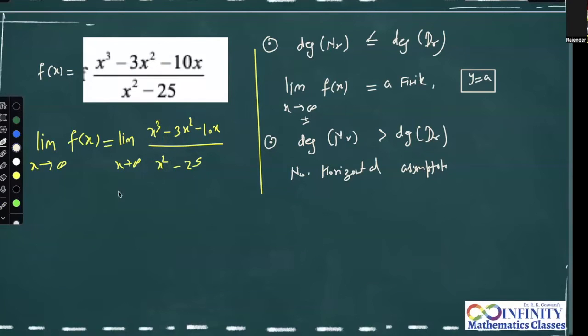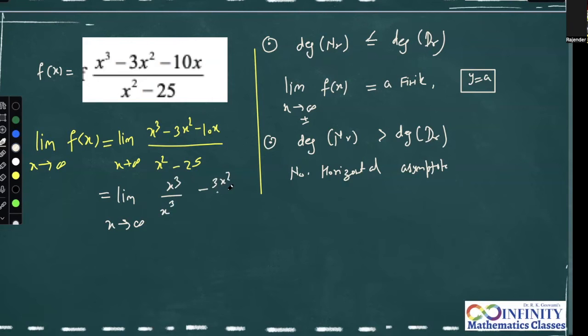Always remember, whenever we are working with rational terms, we need to focus on this type of structure. What is the maximum exponent of x? It is x cube. Divide each term by x cube in the numerator and the denominator also.